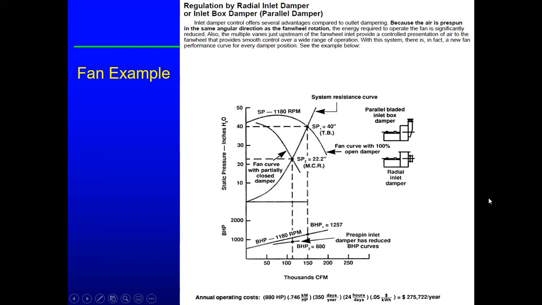Now, I can say this, and I meant to open the file and I didn't, but about a year and a half ago, I was at a big ADM plant in Clinton, Iowa, and they had a big cogen facility there. They had a 4,000 horsepower fan, a 1,500 horsepower fan, and another like 2,000 horsepower fan. We were looking at putting VFDs on all of these.